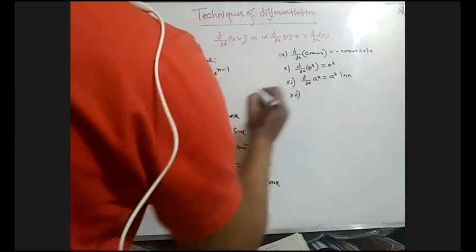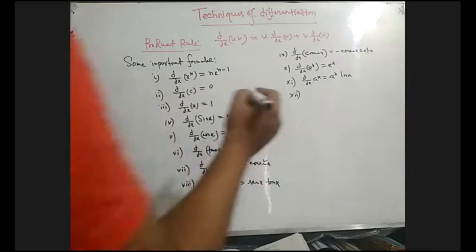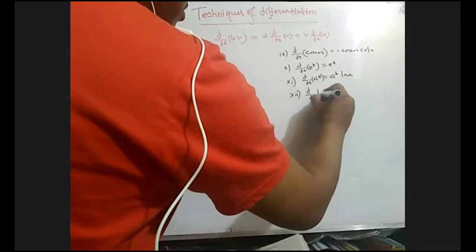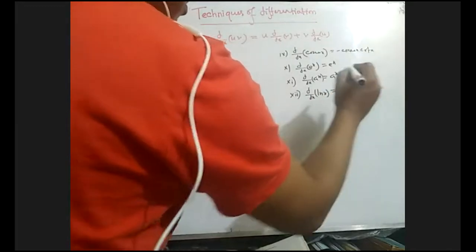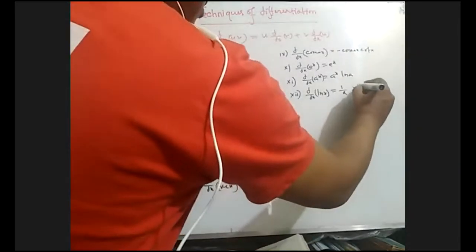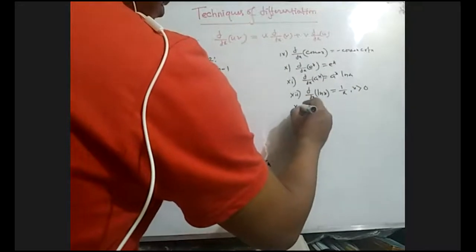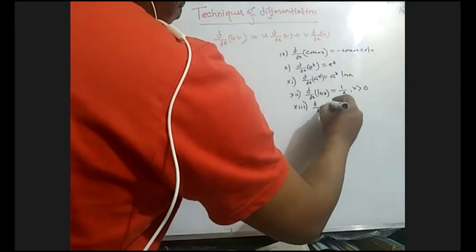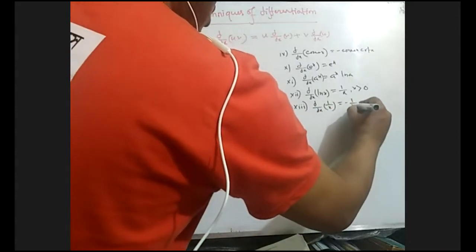Similarly, the 12th formula, what will be? This is the a to the power x. d/dx of ln x, the formula will be 1 by x. Ln x and log x are the same. Okay. d/dx of 1 by x, the formula will be minus 1 by x square.